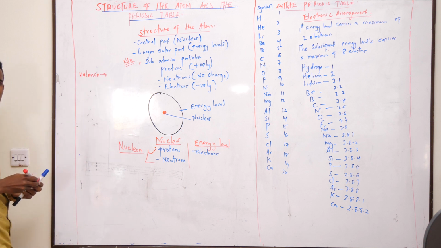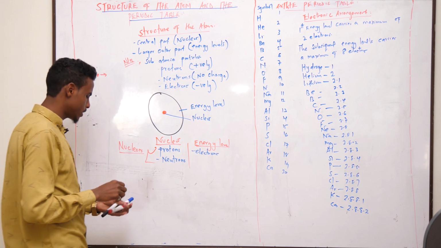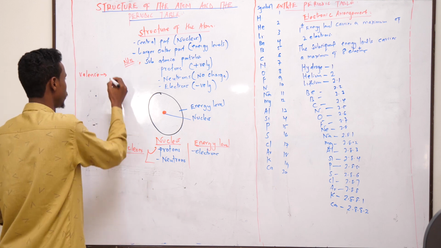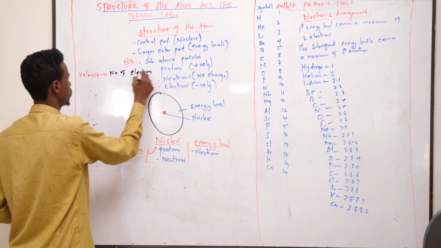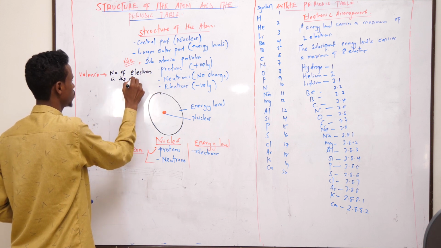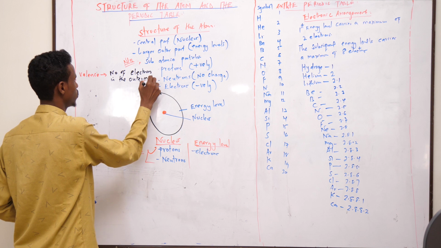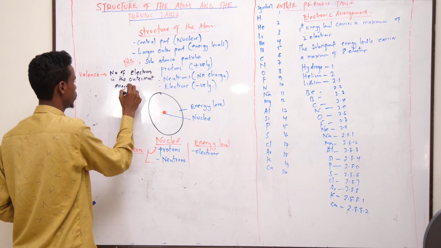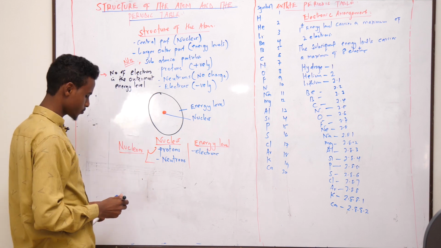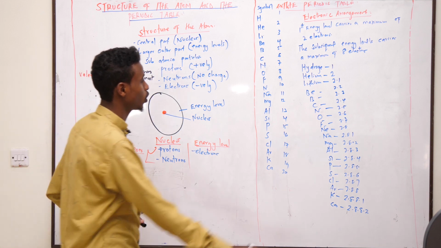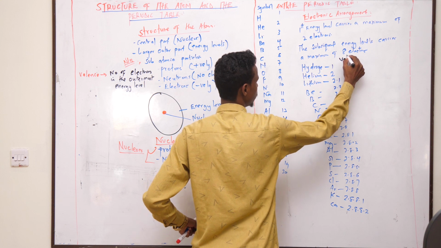Valence is the number of electrons in the outermost energy level.